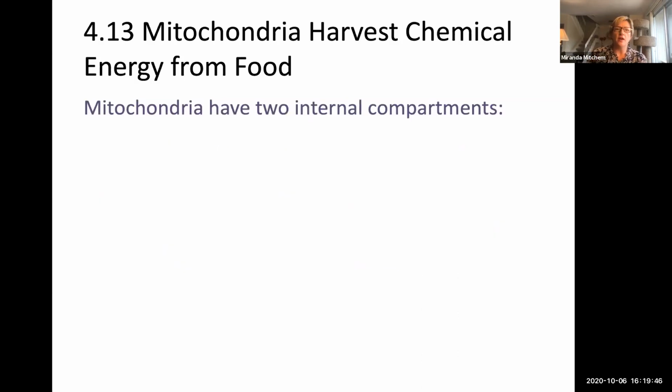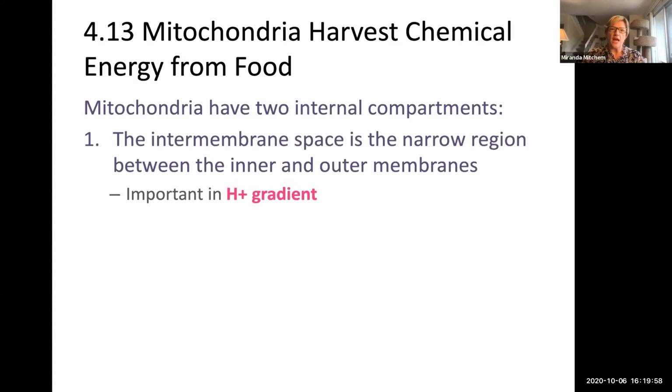Now, our mitochondria have different compartments, and this is so important for structure and function. It's a great example of that relationship between structure and function. So it has an outer membrane and an inner membrane, and in between is the inner membrane space.